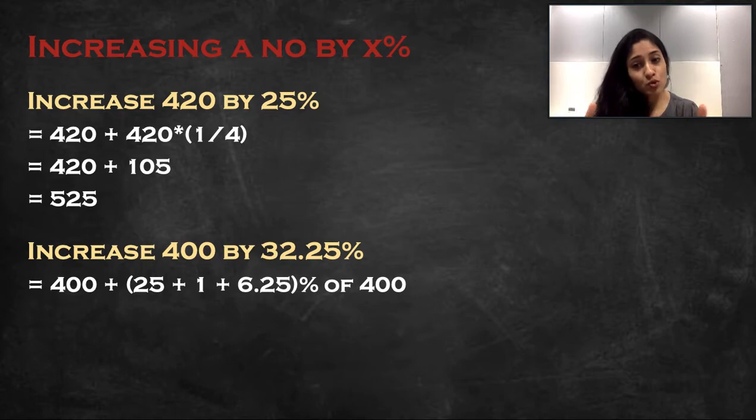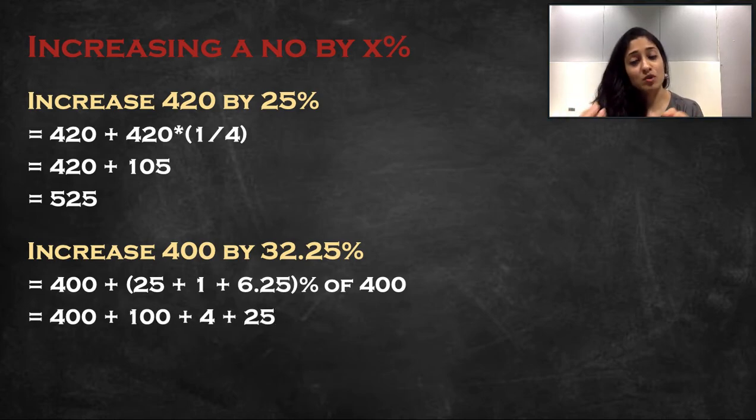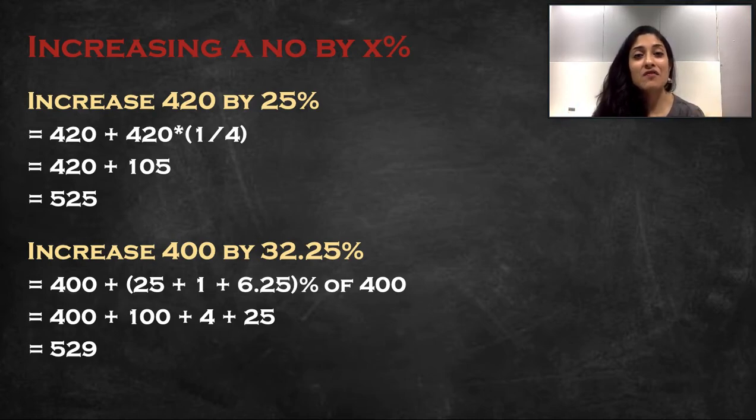So if I divide 32.25 into three parts, 25, 1 and 6.25, my calculation becomes very simple. 25% is 1/4 of 400, which is 100. 1% of 400 is 4. 6.25% is 1/16th of 400, which is 25. Adding all of these to 400 gives me my answer as 529.